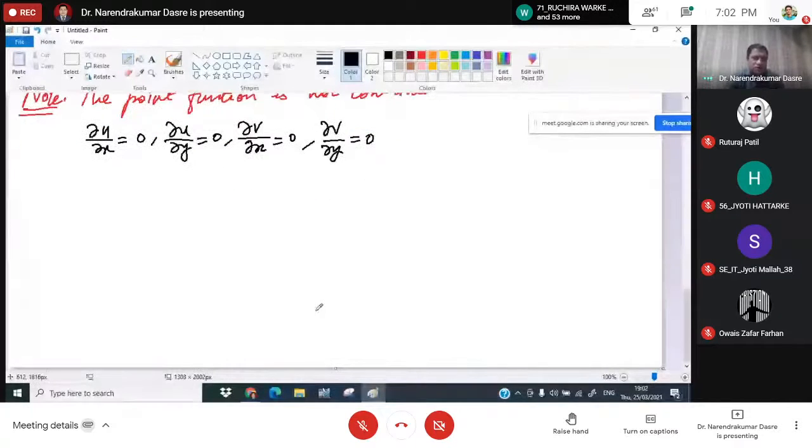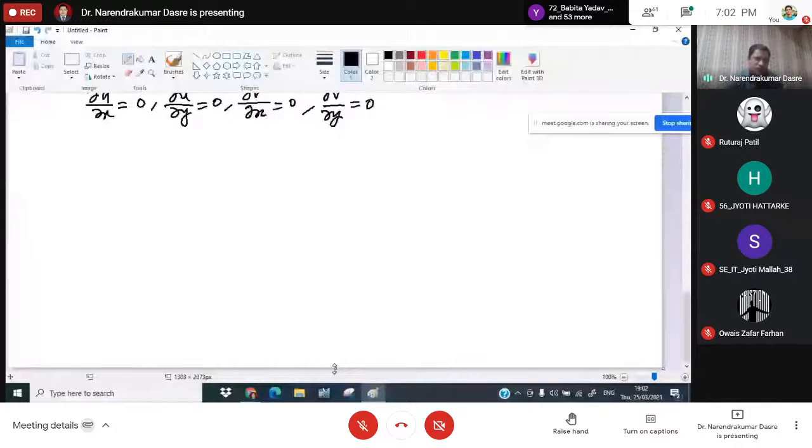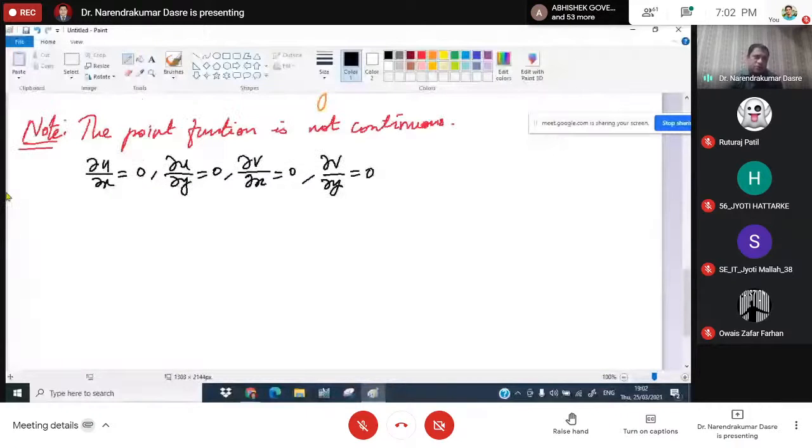So let us have an example to understand whether the function is going to be continuous and how we can find the derivative of the function. So if the function is analytic, then by using these CR equations, we are able to write the derivative of the function in different ways.